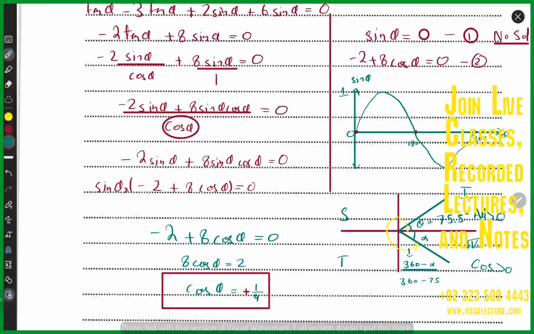Alpha is 75.5, and this is going to be 360 minus this. Yes, please keep your mics muted. It would be 284.47. Okay, so we got two answers.